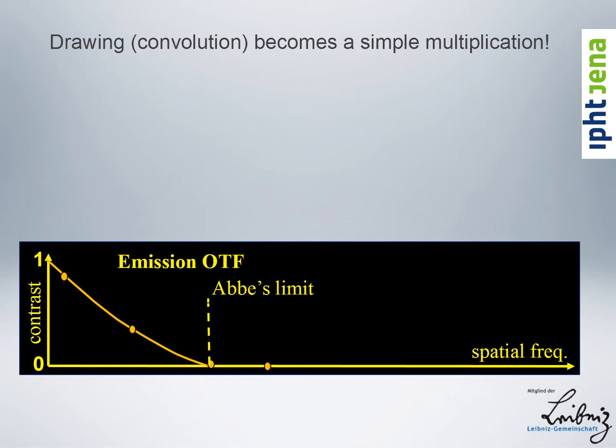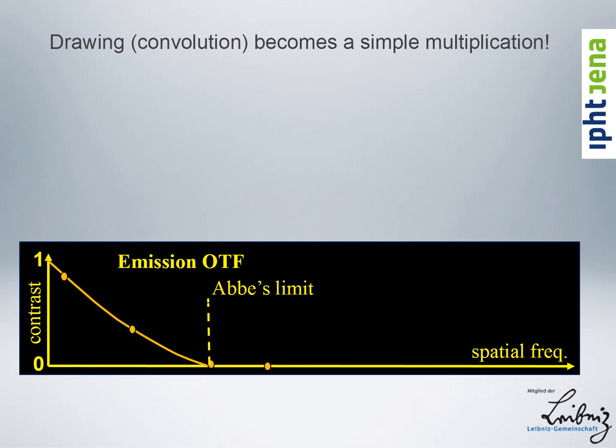So remember, the convolution in real space, which is fairly complicated, becomes in Fourier space, due to the convolution theorem, a very simple multiplication of two functions. You Fourier transform the object, meaning you decompose any object into its sinusoidal parts, and you Fourier transform the point spread function into its sinusoidal parts, yielding the optical transfer function, OTF.